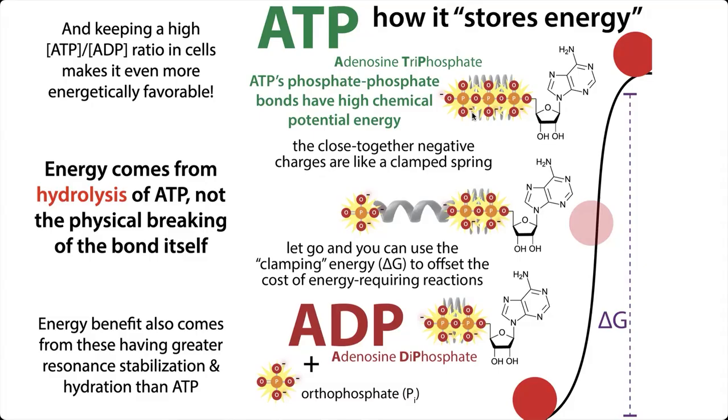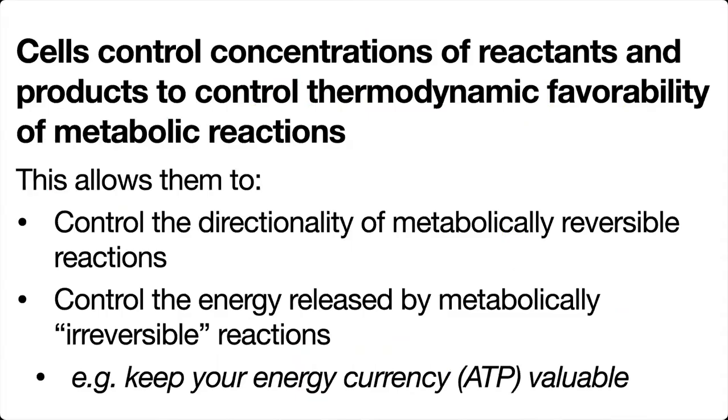You have that charge repulsion that's freed. You've got this phosphate group that's hanging out with water and it's all happy. You've got good resonance. All of that makes this inherently favorable. And then our cells actually keep the concentrations of ATP way higher than the concentrations of ADP in order to make it even more thermodynamically favorable. And so we can't change the directionality of the ATP hydrolysis reaction.